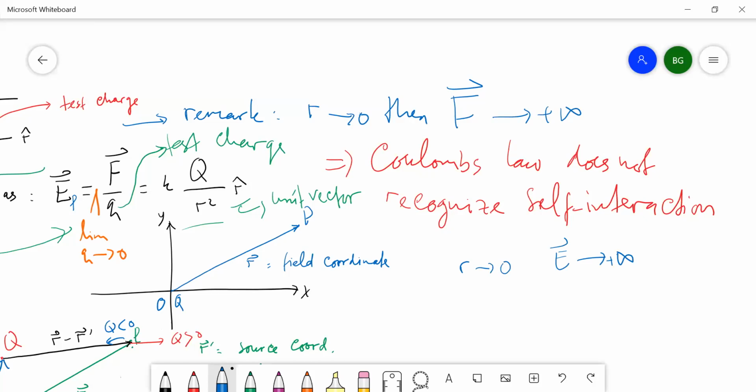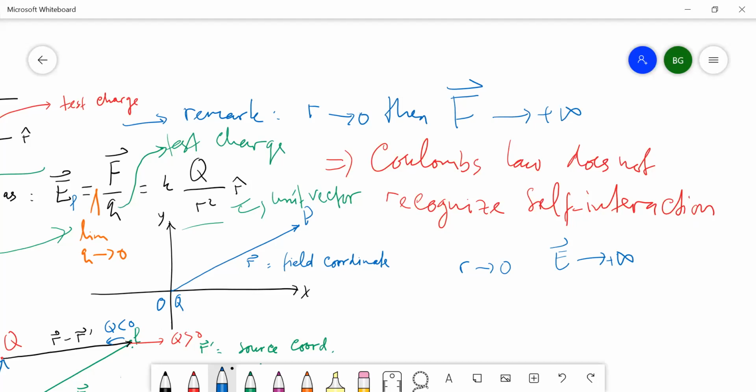And this F also becomes singular as R goes to 0. It means that near the source charge, we have a very strong electric field.